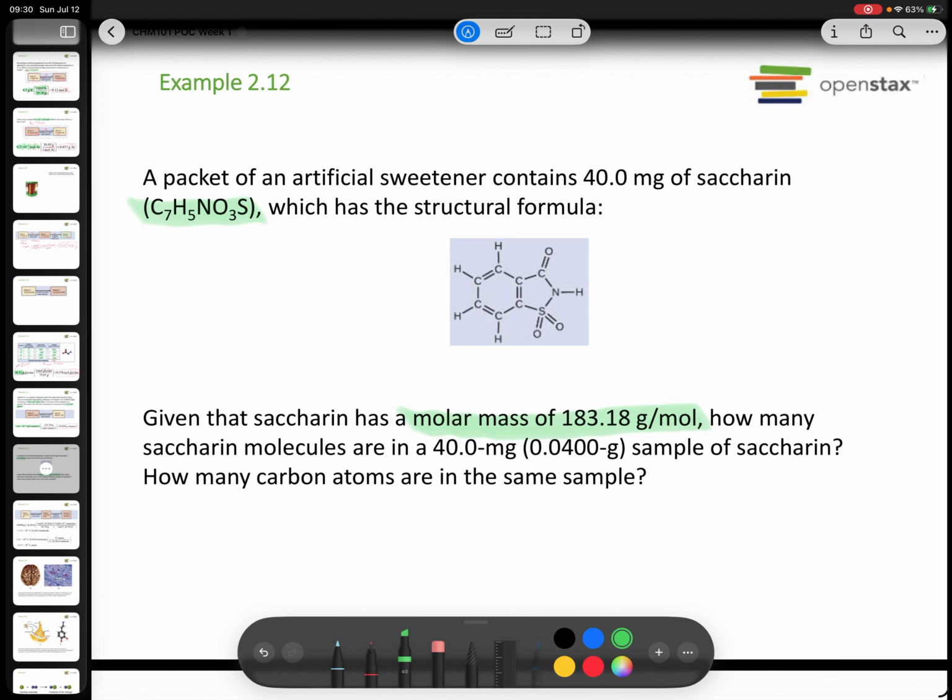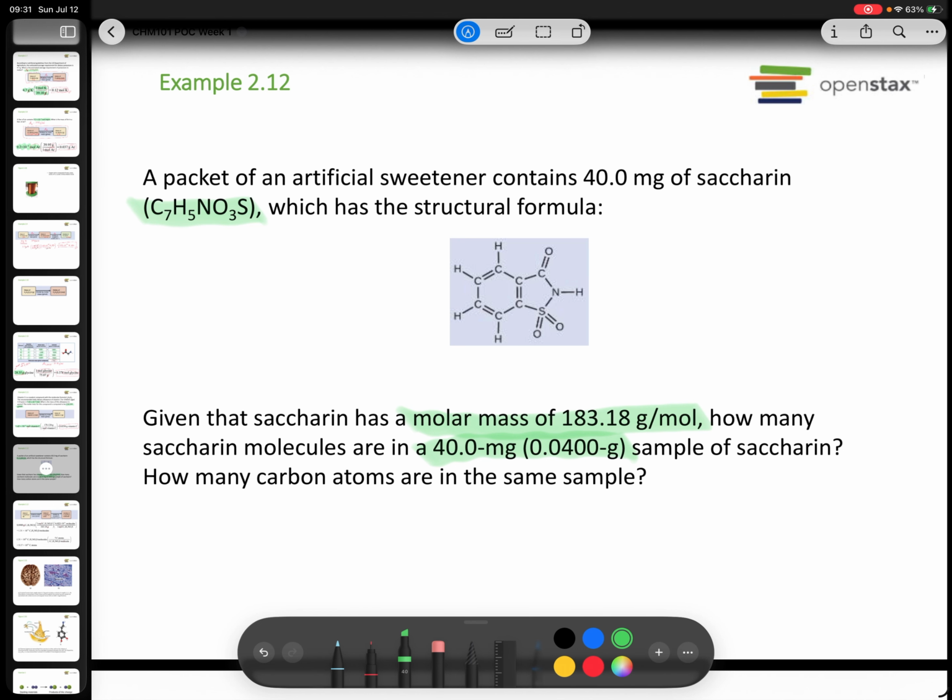Given that ito yung molar mass niya, tinatanong sa atin, how many saccharin molecules are there doon sa 40 milligrams? So, how many carbon atoms are in the sample? Ang daming tanong, no? Tapos, ilan daw yung carbon atoms.